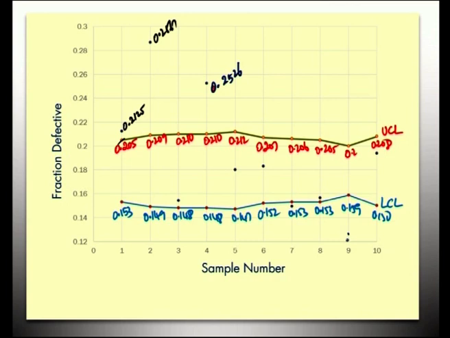So, there are 5 values lying outside the control limits, and this suggests the presence of assignable causes of variation. If these 5 values are eliminated, then we will say the process is under control.